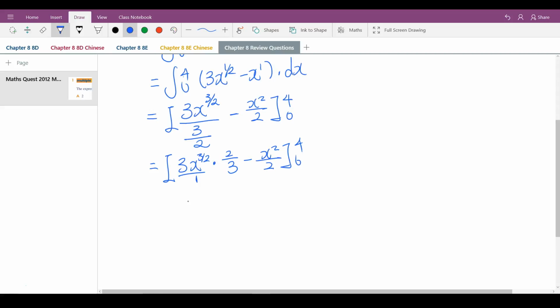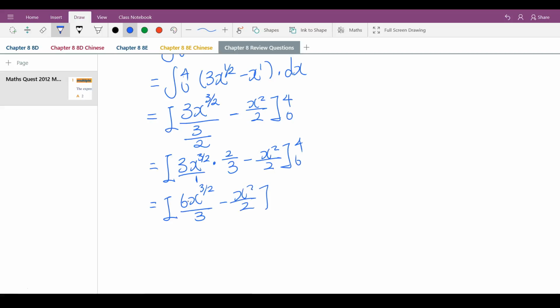And that will just give us 6x to the power of 3 over 2 over 3 minus x squared over 2.